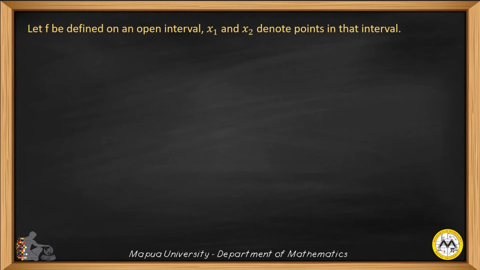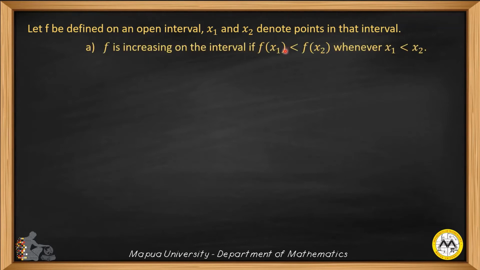Let us now investigate whether a function is increasing, decreasing, or constant in some interval of x values denoted by x sub 1 and x sub 2 by comparing f of x values. If it is observed that f of x1 is less than f of x2 whenever x sub 1 is less than x sub 2, then the function f is said to be increasing in the said interval.